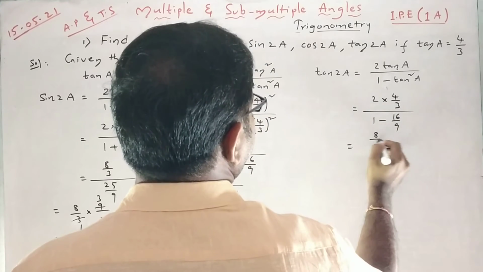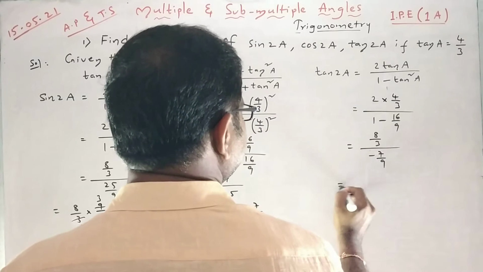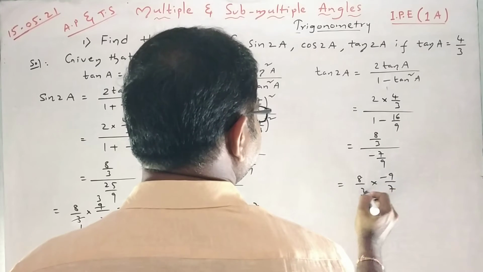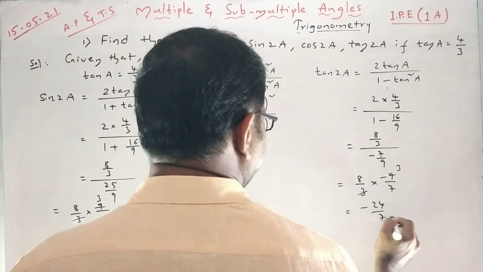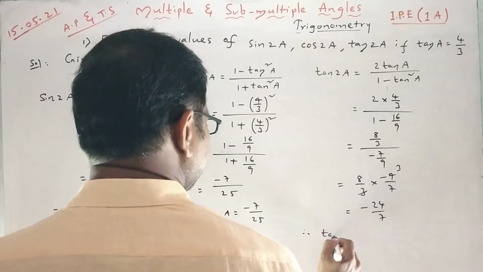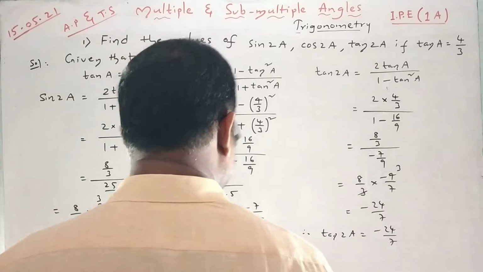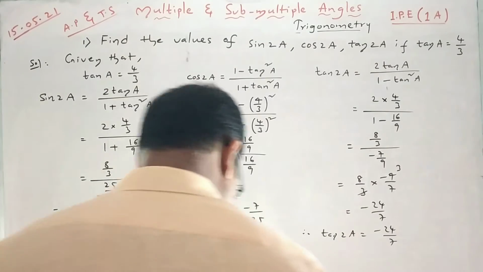This is also 8 by 3 by 9 minus 16, that is minus 7 by 9. So 8 by 3 times minus 9 by 7. 3 ones are 3, 3 threes are 9, minus 24 by 7. So therefore, tan 2a value is minus 24 by 7. So that is the end of solution. Okay.